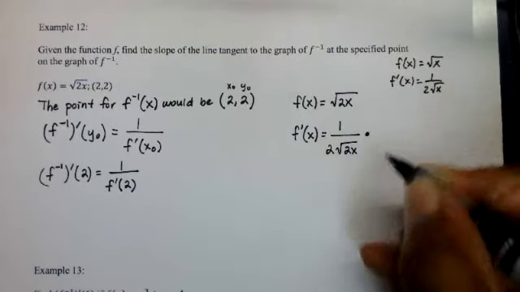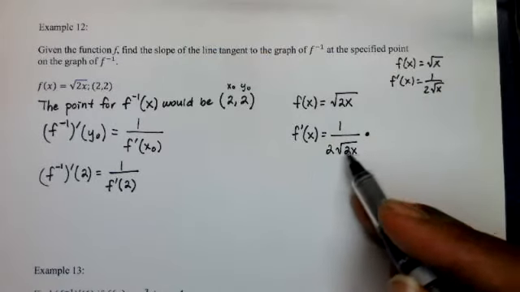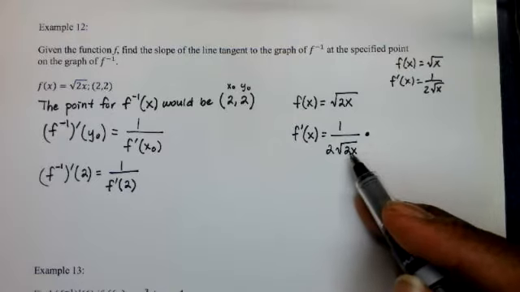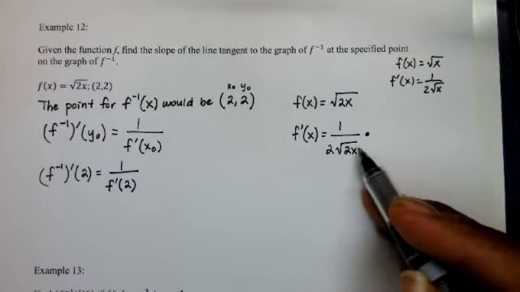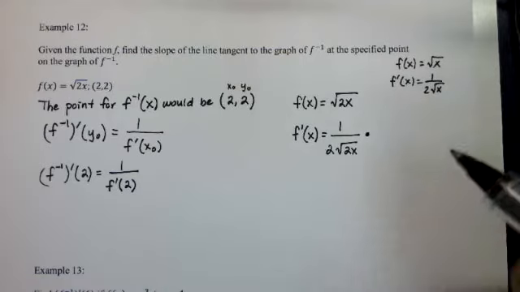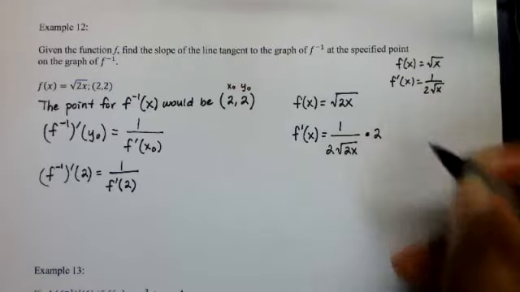But we also have to multiply that by the inside derivative. What's inside the radical? That 2x, we need to take its derivative, which is going to end up being 2.